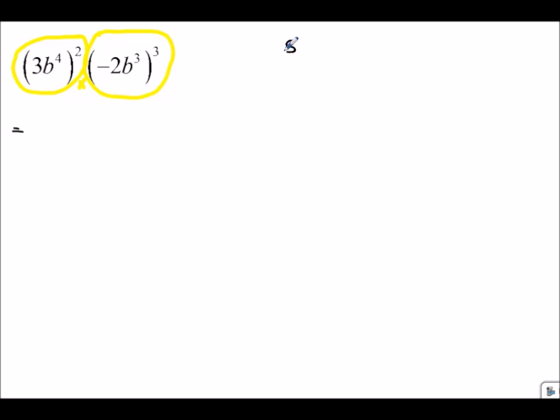So again, I always go signs, numbers, variables, or letters. 3 to the power of 1, so I'm going to write down my base and I say 1 multiplied by 2 is 2. I write down my base. 2 multiplied by 4 is 8. I haven't simplified that, so I'm keeping it in a bracket.